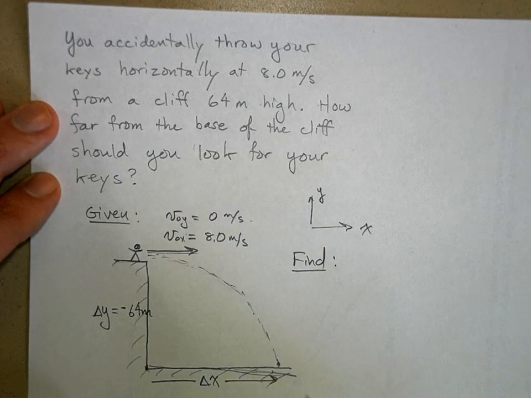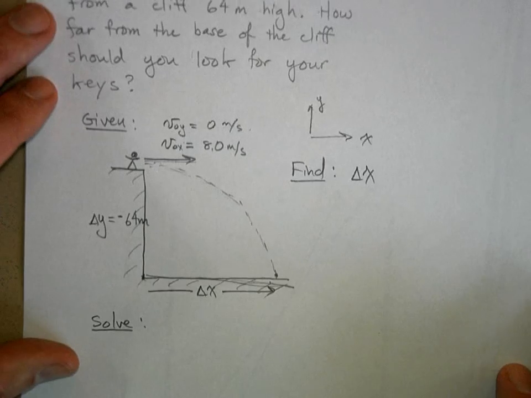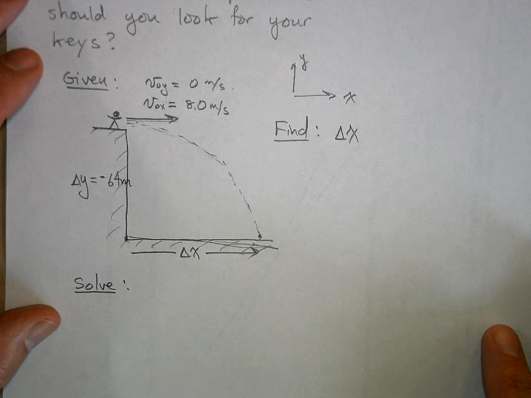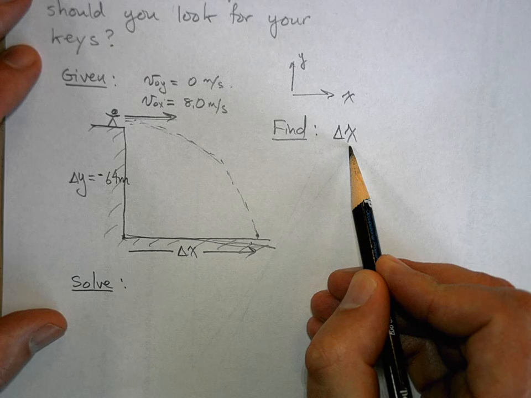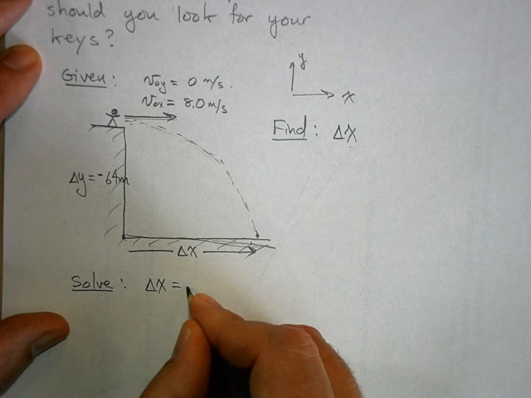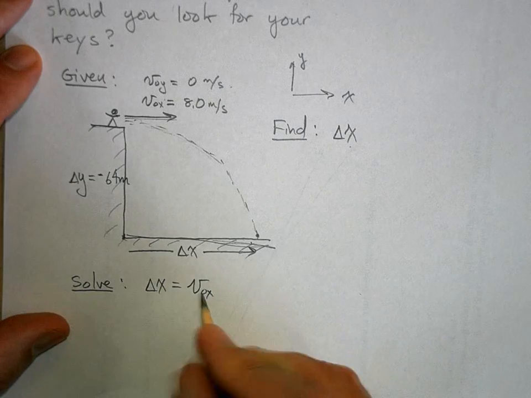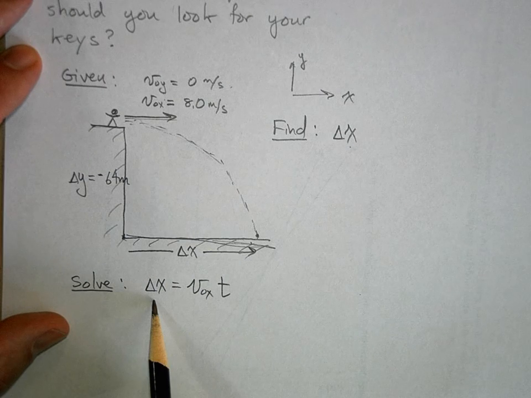Well, we're trying to find delta x. So let's solve it. There's only one equation that has delta x in it for projectile motion. That is delta x equals the initial velocity in the x direction times time. So this is what we're trying to find.